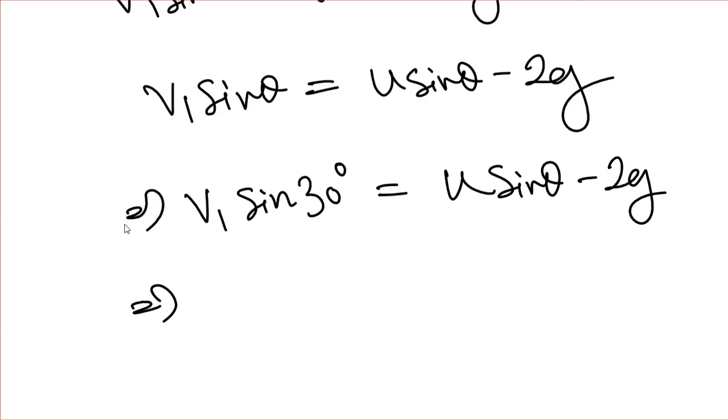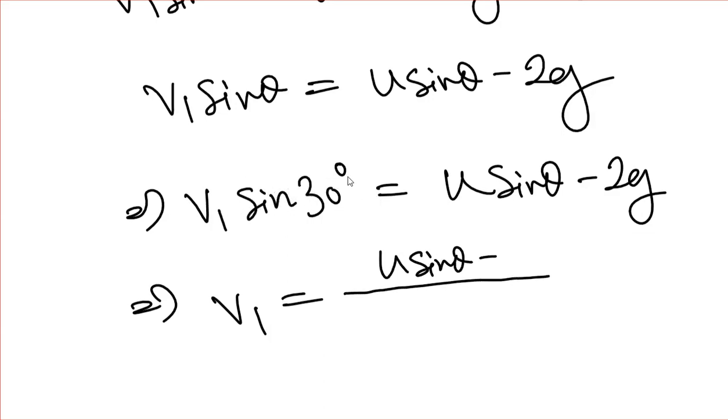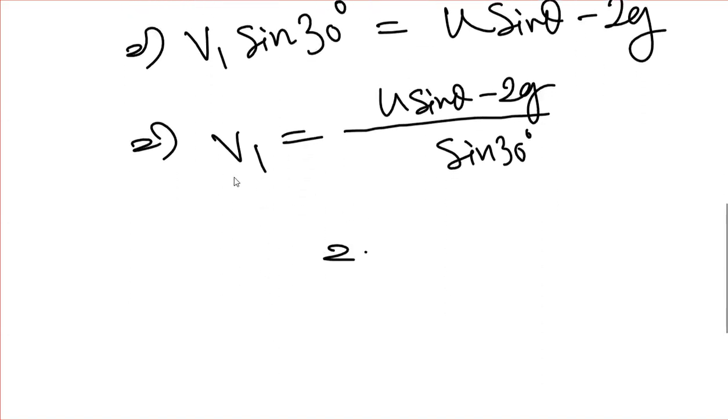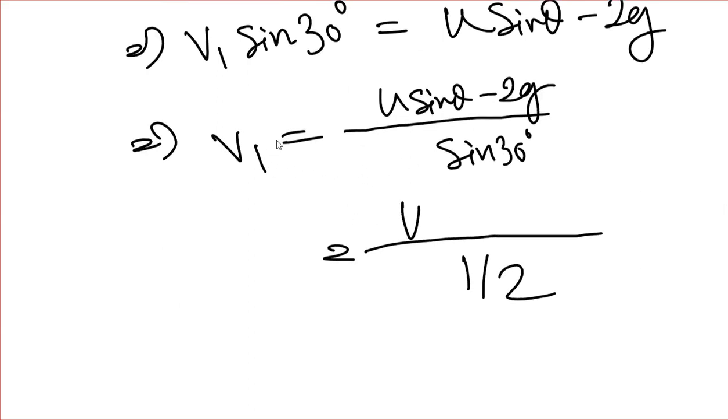So v1 will be u sin theta minus 2g divided by sin 30, so it will be half, u sin theta minus 2g.